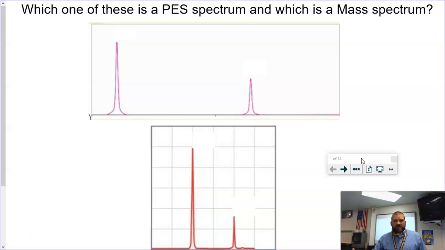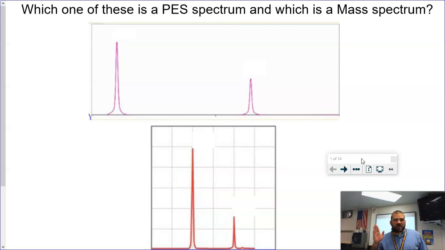1.6, the topic we just finished up yesterday, is on PES, which is photoelectron spectroscopy. PES is what shows us the orbitals within an atom. The orbitals are discovered or shown in these spectra by that instrument bombarding that chemical sample with so much energy that all of the electrons get released or removed.